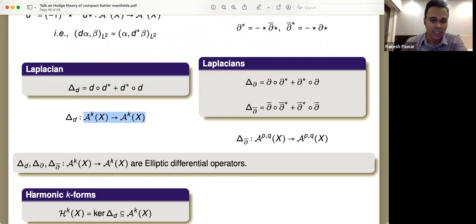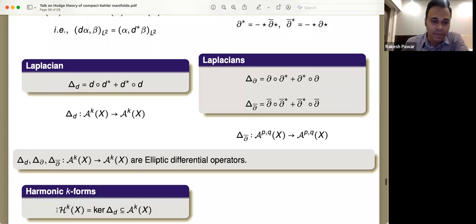There is a reason why these are called harmonic. These are the differential forms which have minimum norm in the cohomology class with respect to this metric.